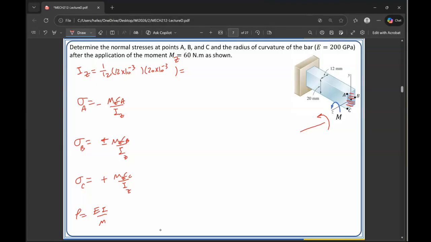All right, this is 8.8 times 10 to negative 9 meter to the fourth. Given that it's repeated, let's do it in parallel. That's 60, 8 times 10 to negative 9. This one, we don't know the sign on that yet. All right, so we have these.